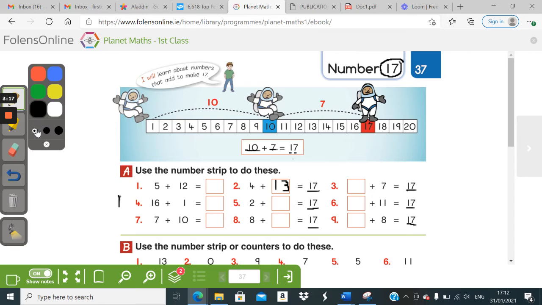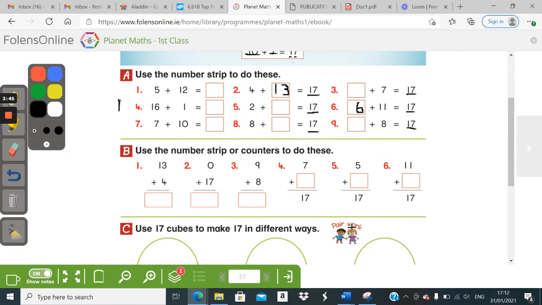Instead of doing 11 jumps, and we all know we can make a mistake with a jump, what you can do instead is start at 11 and count the jumps it takes you to reach 17. So 1, 2, 3, 4, 5, 6. 6 jumps from 11 to 17, and 6 plus 11 is 17. And if you're not sure, do the addition.